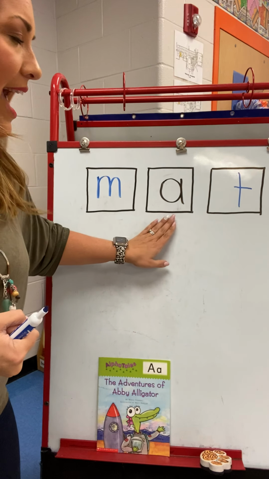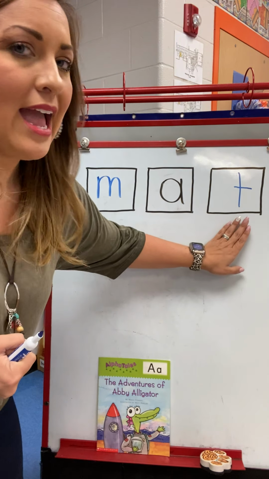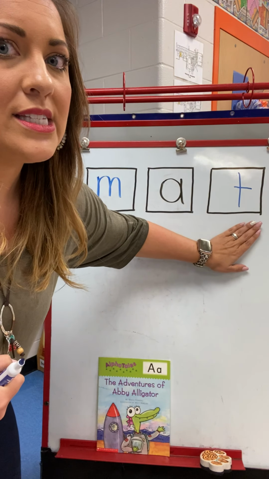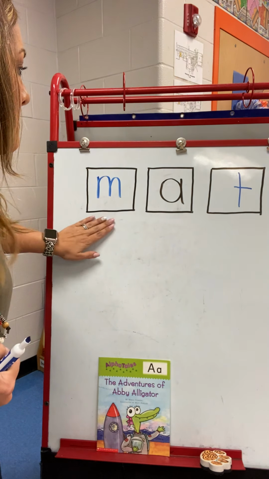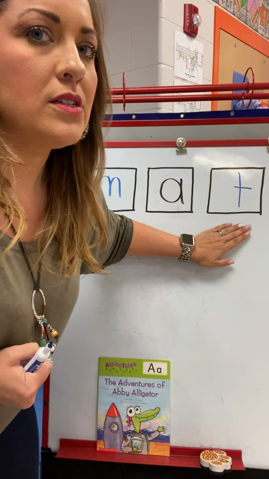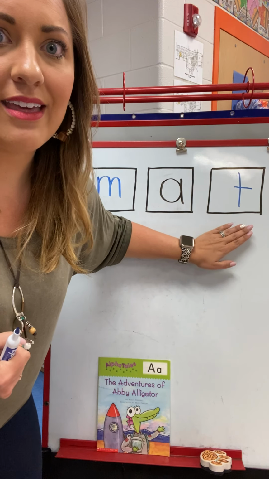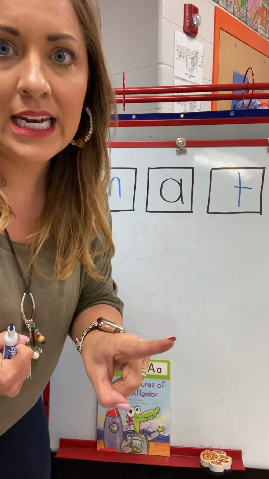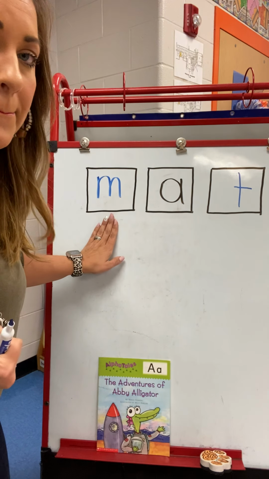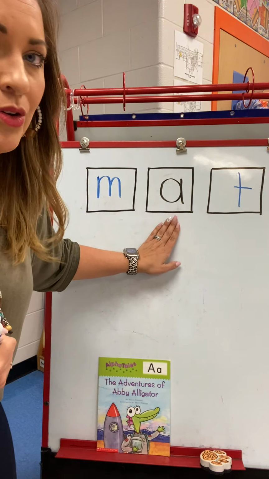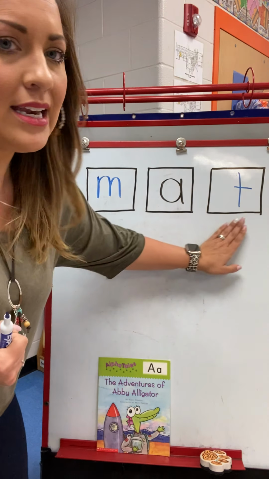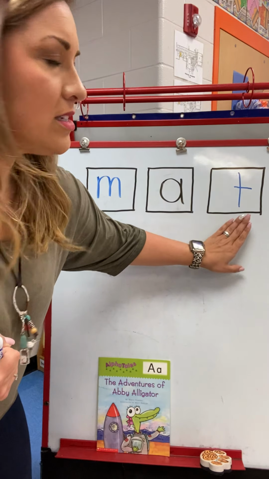We say in the middle, because at the end of the word over here, what sound do we say in this word? T. That's right. At the end of the word, we have the T sound. So the beginning sound of this word is m, the middle sound of this word is a, and the ending sound of this word is t.